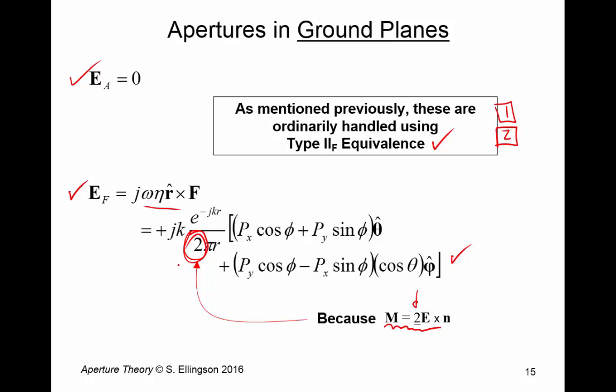The reason I point that out is because I find over and over again a factor of 2 errors in work, and it's because you have forgotten this fact. And then the total fields, of course, are the fields due to the magnetic equivalent currents, because those are the only ones that are present in type 2F equivalence.